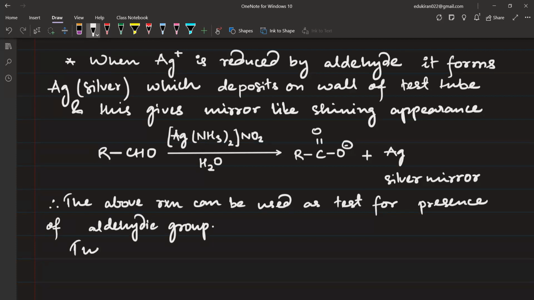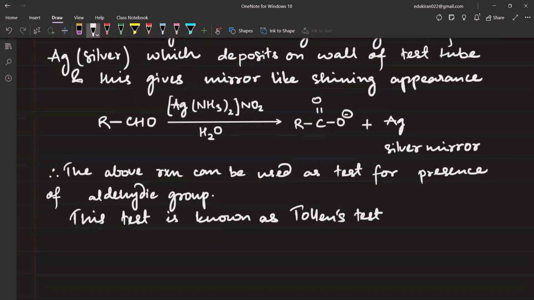This test is known as the Tollens test. Okay. Now, in the Tollens test we use Tollens reagent. Now, what is Tollens reagent? They can give you only Ag plus, accept this also as Tollens reagent, okay?